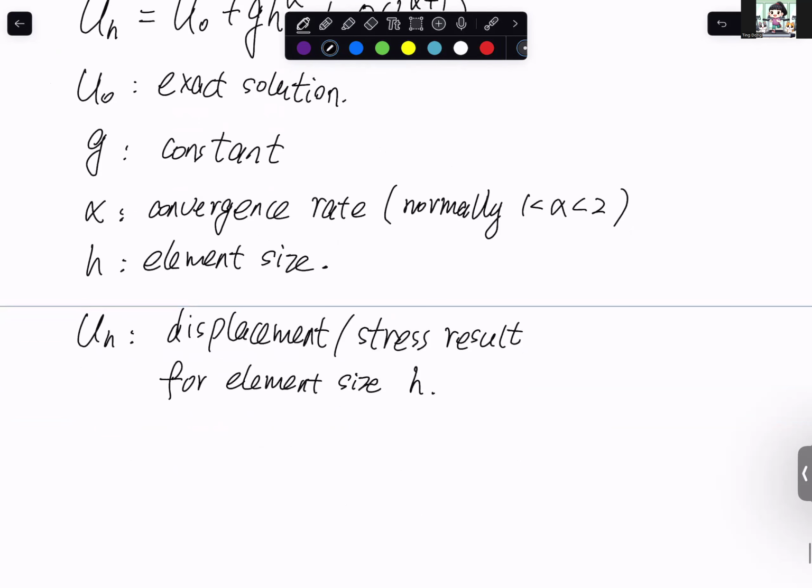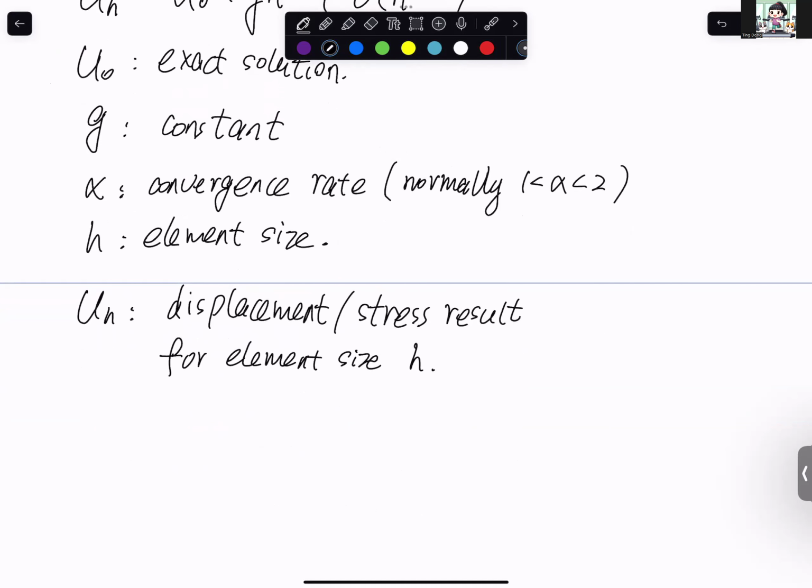And the last term is the high order error estimate.